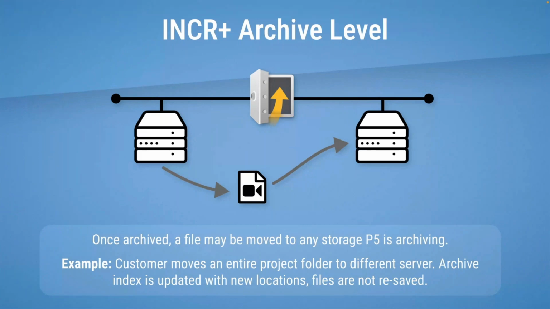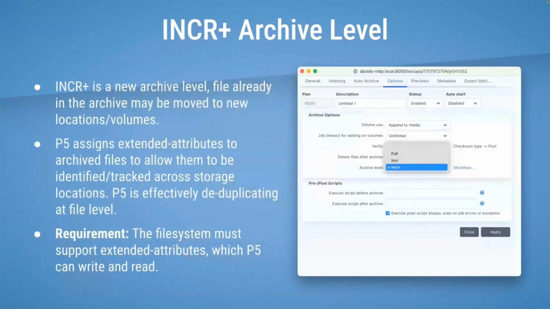What's happening with incremental plus is that the file can be moved and it will not be resaved, and the archive index will track the new location of that file. There's a new incremental plus archive level that you can choose in the options section of your archive plan. This window here is the archive plan, and this is the options tab, where you can choose the new archive level.